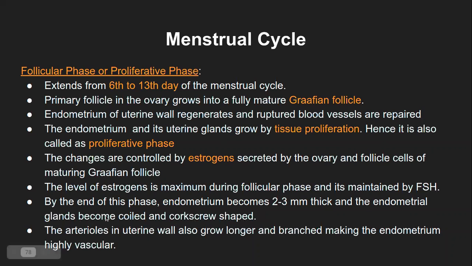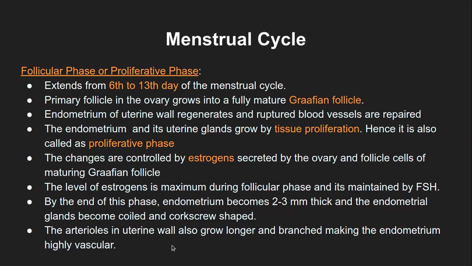Now, there are structural requirements for why this has to be like this, just to secrete hormones in a certain fashion. Again, we need not go into details, and you can skip this structure, but you can simply say the endometrial glands also proliferate along with the endometrial tissue up to 2 to 3 mm thickness.